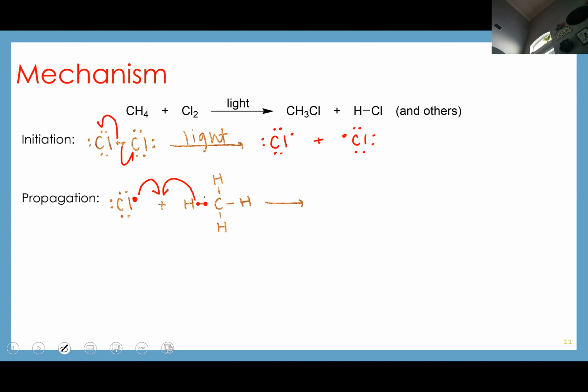The other electron from the carbon-hydrogen bond is going to stay on the carbon, which creates our alkyl radical. I'm going to draw these bonds as Lewis dot structures so that we can keep track of all of our electrons. Okay, so that gives us our methyl radical.